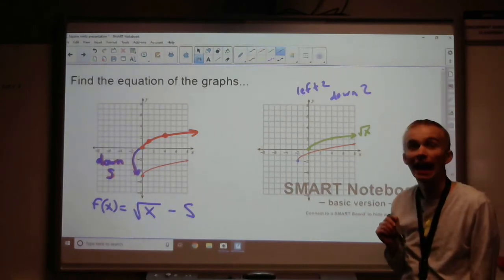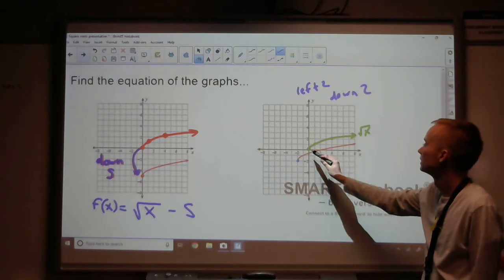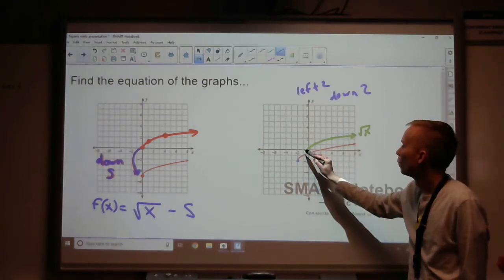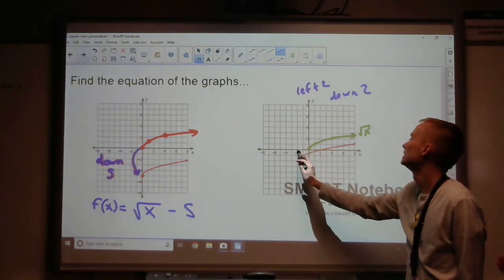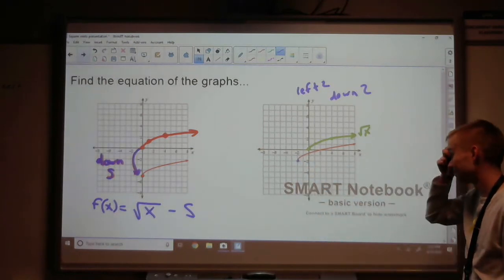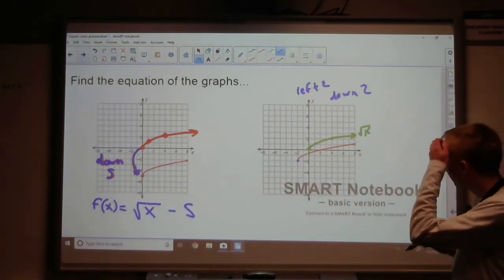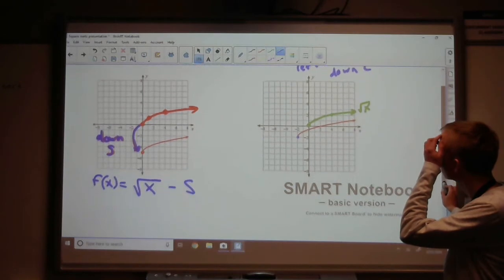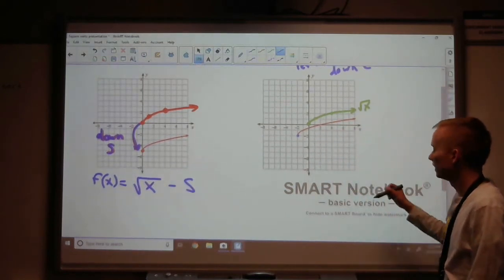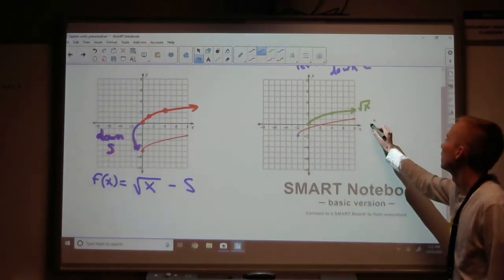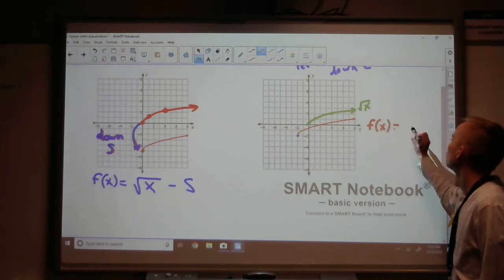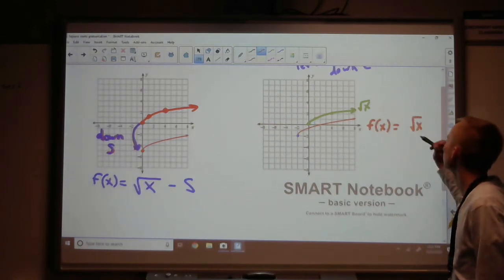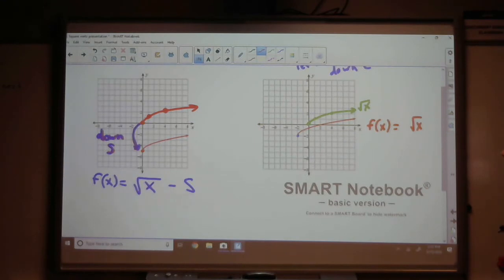Well, sideways halves of parabolas, right? So we went left 2, 1, 2, and then down 1, 2, okay? So to get our equation for this red line here, the equation of it would be, well, there's for sure going to be a square root of x in it, okay?